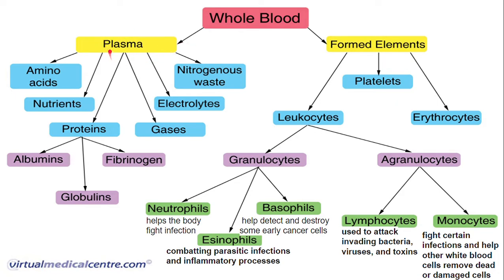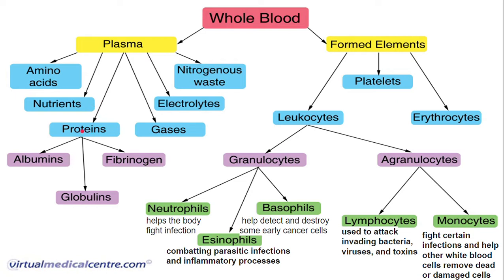In plasma we have amino acids, nutrients, proteins, gases, electrolytes and nitrogenous waste. Amino acids are the simplified versions of your proteins, and nutrients are all the nutrients such as carbs, fats and proteins as well. Why is proteins written separately?